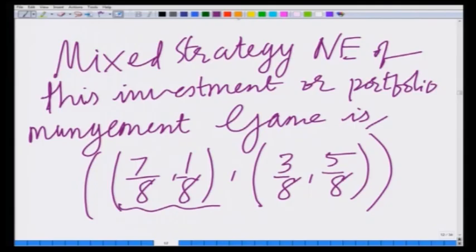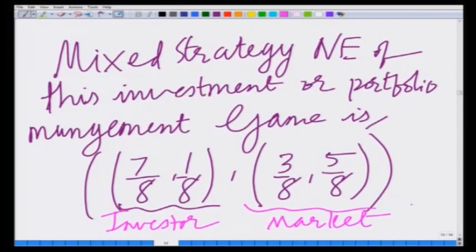This is the mixed strategy for the investor, and this is the mixed strategy for the market, which means the investor is investing 7/8 of the funds in stock 1, 1/8 of the funds in stock 2, and the market is choosing the return R1 of the past year with probability 3/8 and return R2 of the year before that with probability 5/8.